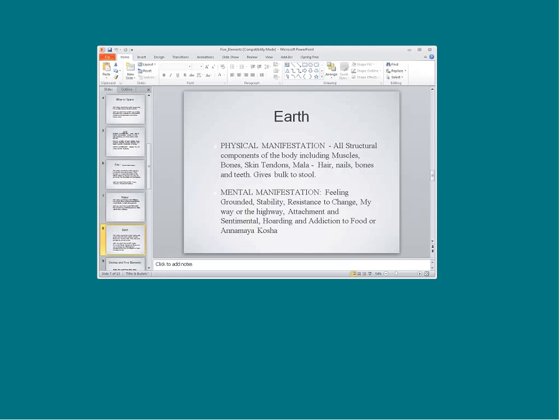Then earth. Earth is physically manifested as all of the structural components of the body: the muscles, the bones, the skin, tendons, and mala, the waste products, the hair, nails, bones, and teeth. The earth is the manifestation that gives bulk to stool. If we did not have bulk to our stool, it would completely screw up our whole digestive process.